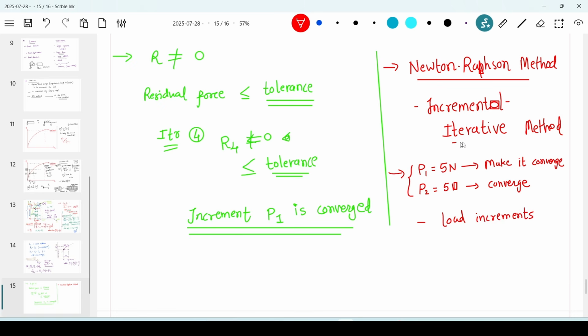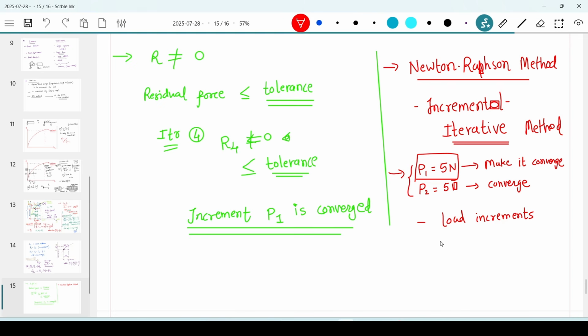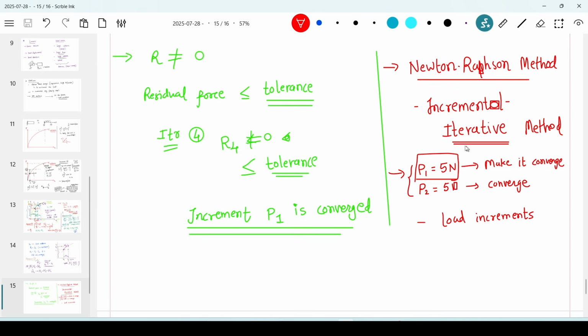Why iterative? For a given load increment, let's say P1 equal to 5 Newton, I have to check whether the deformed configuration is in equilibrium or not. Whatever internal forces I am getting, whether they are balancing the external forces or not. To check that, we perform iterations.